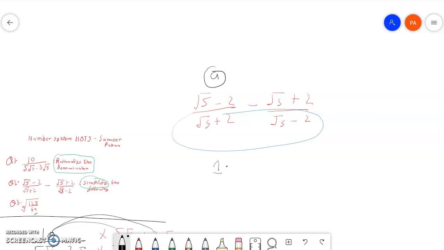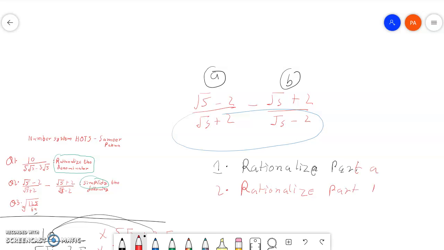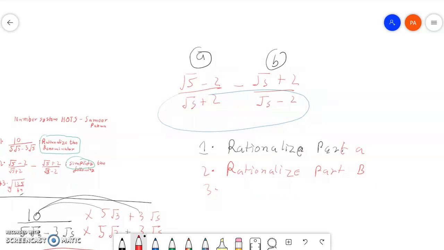Let's take this as part A and let's take this as part B. So first step will be to rationalize part A, and number 2, rationalize part B. And then my third step will be to subtract both of them.